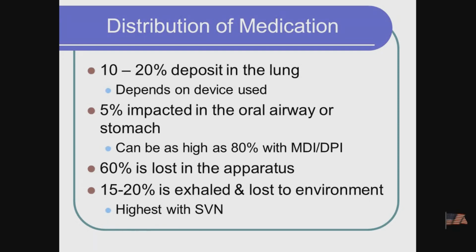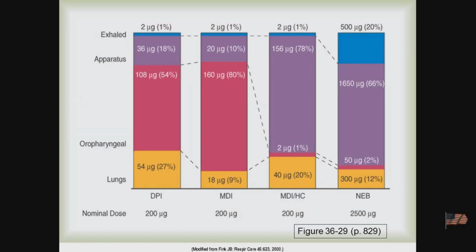A lot of it is also lost in the apparatus: the tubing, the mask, the mouthpiece, the nebulizer itself. And because a nebulizer is typically continuously generating aerosol, some of it is generated during exhalation, which is a total waste, a loss to the environment.